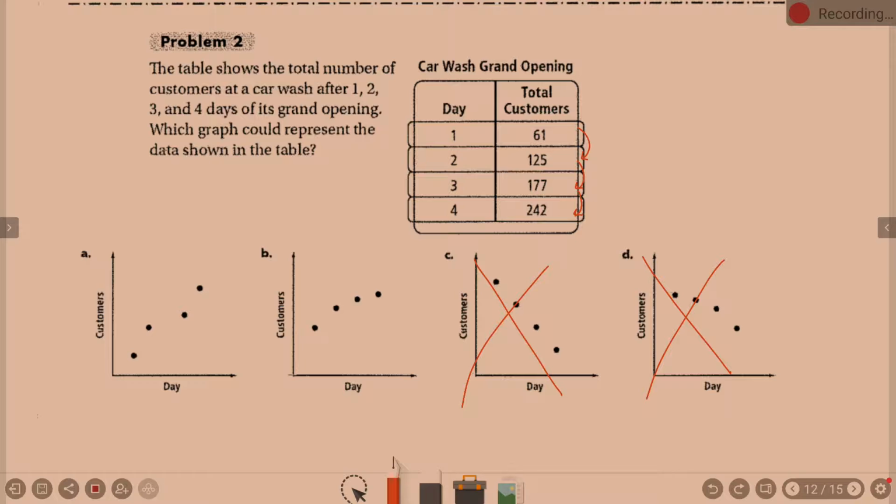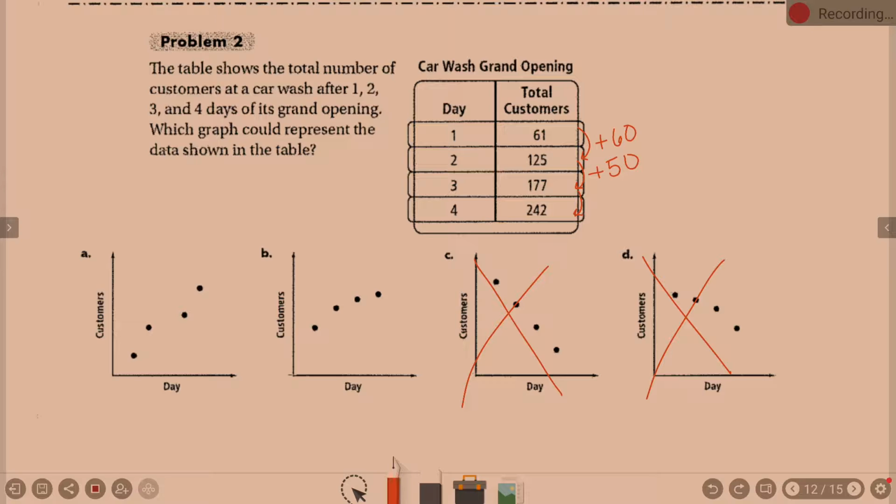From 60 to 125, that's around 60 there. 125 to 170, is that around 50? Isn't it 59? How about 52? Yes, I'll take that.